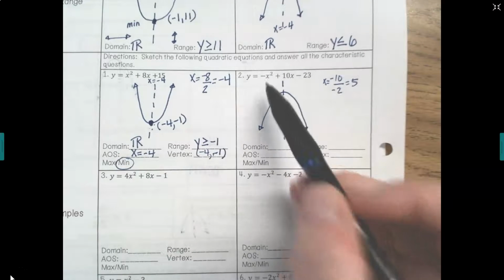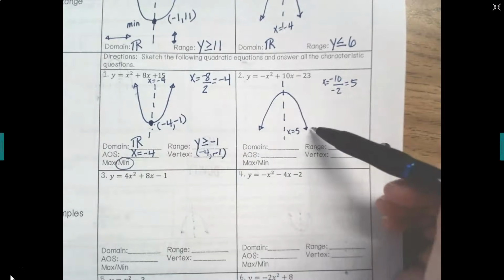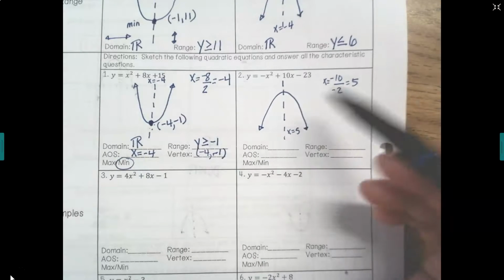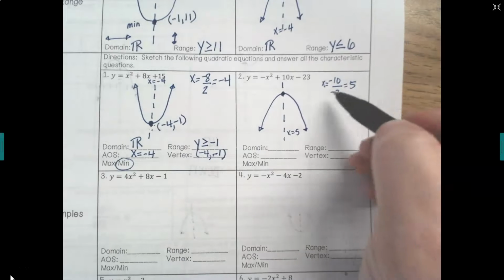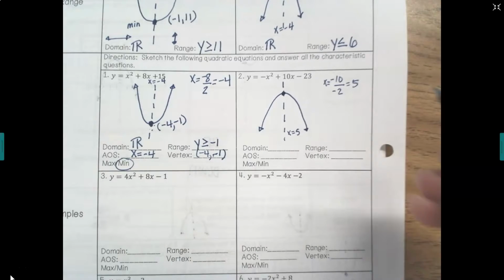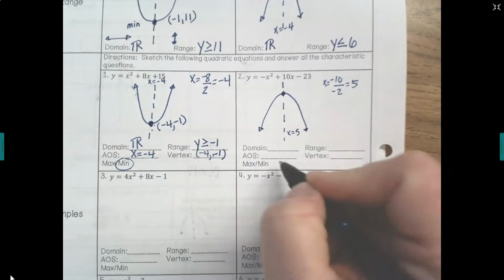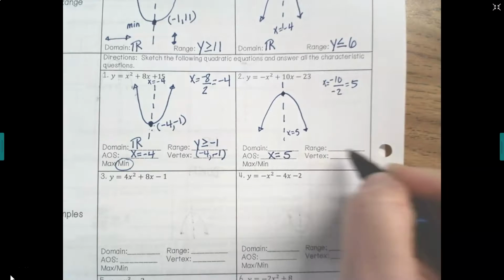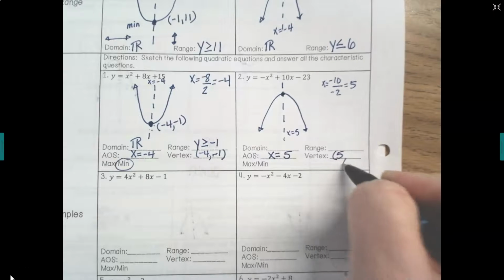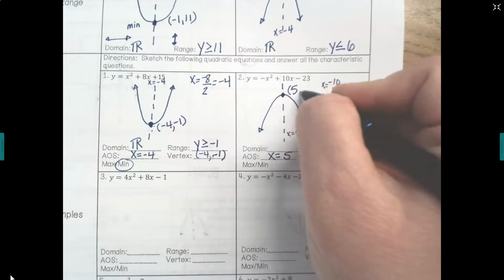This graph has a negative a, so your graph is going to open down. Your axis of symmetry, of course, goes right through the very, very center and the vertex. When I found my x value, I found it to be 5. So my axis of symmetry is x equals 5. That gives me the x value of the vertex also.